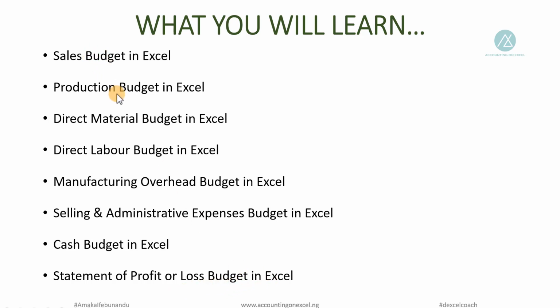So we're going to be using a case scenario to walk through all these different types of budgets. And each of them will feed into the other one. So I would like you to follow through all through the series. We'll be dropping it one after the other. Right. So follow through so that you will understand how this works and how it links. Right. So basically, I would say we're going to be building a budget model in this series.